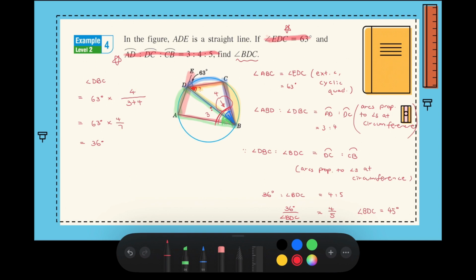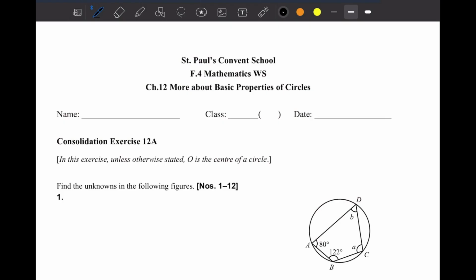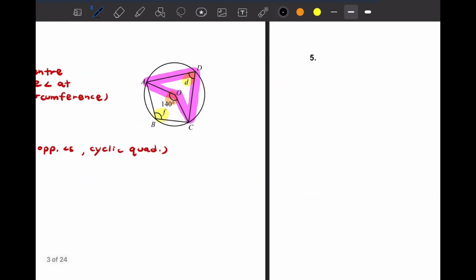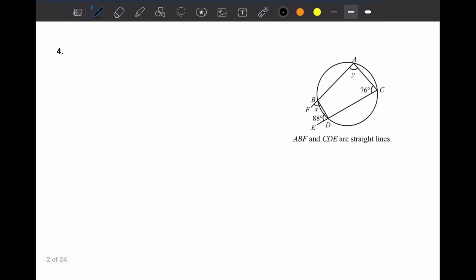Okay. So after this, I would like to look at a few more questions in your Consolidation Exercise 12A work. So let's look at question 4. Here we have to find the unknown. So highlight the unknown.